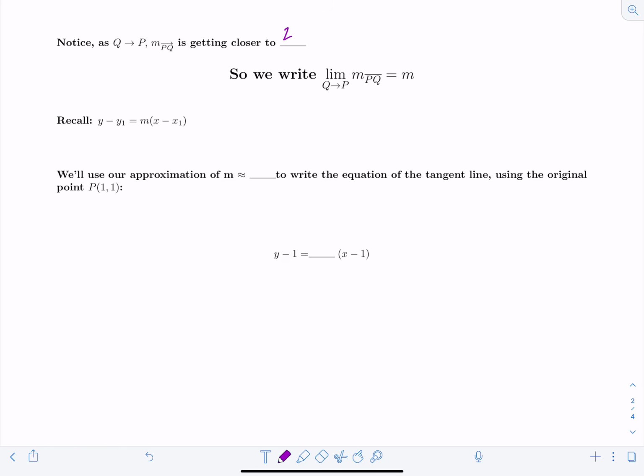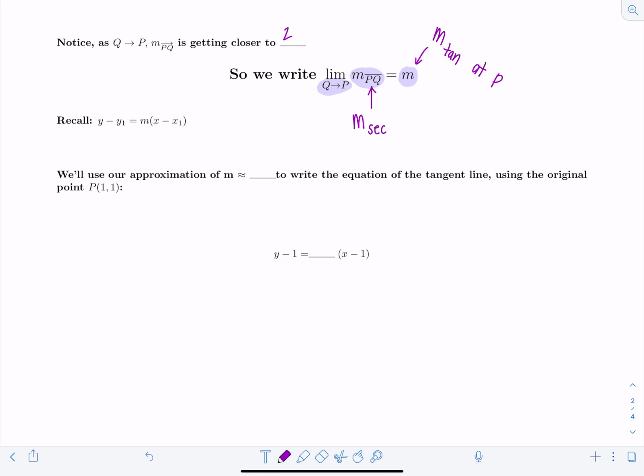And so we write that the limit as Q approaches P of the slope of PQ is equal to m. Now this m is the slope of the tangent line. So this is the slope of the secant line through PQ, and m is the slope of the tangent line at point P.